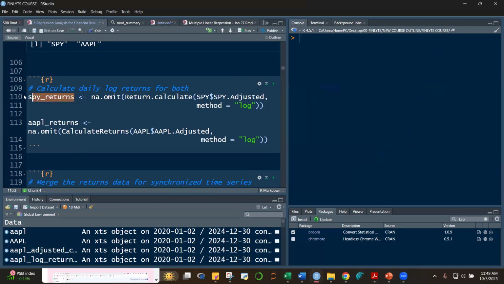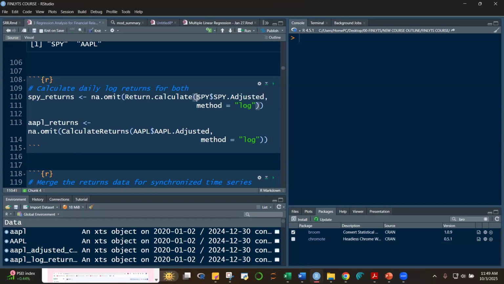Let's create SPY returns. Remember this is from PerformanceAnalytics. Return.calculate will generate an NA first row, so we're using na.omit. And then what returns are we asking R to compute?